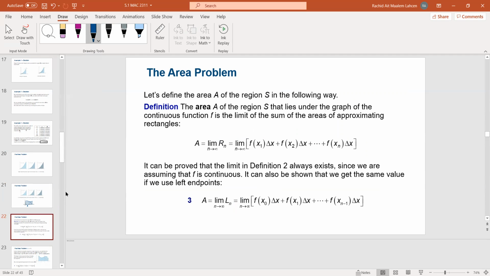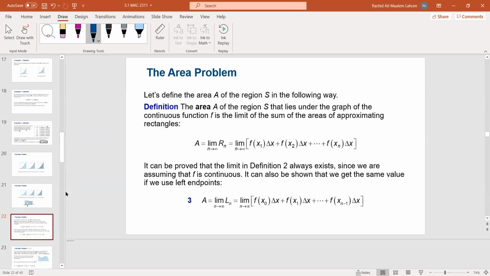We've seen that if you divide into more strips, you'll get a better approximation. So if we want to get to that exact number or as close as possible to it, we should take the limit, for example, of Rn, using the right endpoints.